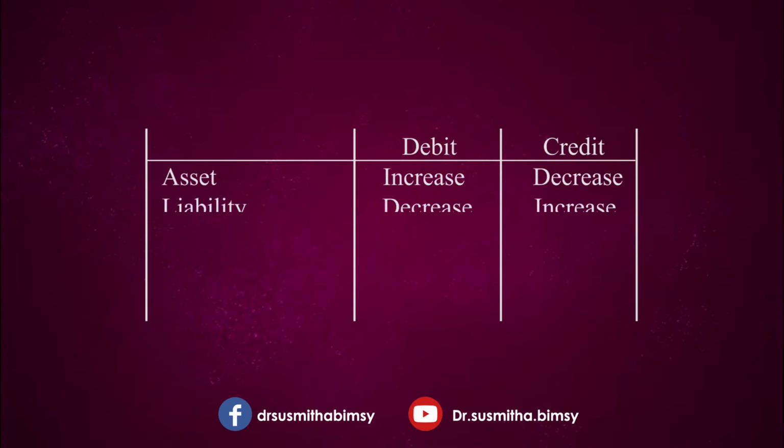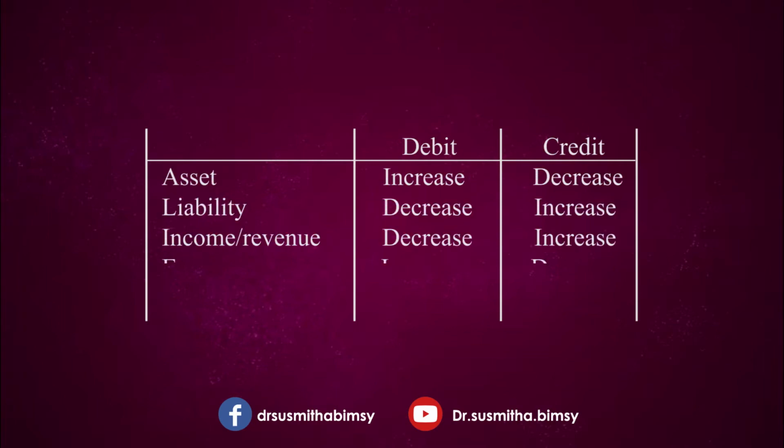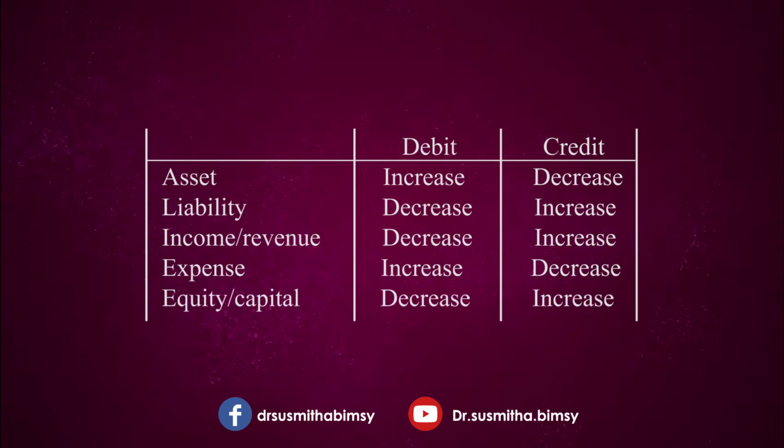Here you should be aware of the modern rule of accounting. See this chart. Any increase in asset, we have to debit the asset. Likewise, for any decrease in asset, we have to credit. Just pass the exact opposite entries for cancelling. Then see, liabilities always have a credit balance. Any increase in liability, we have to credit the liability.